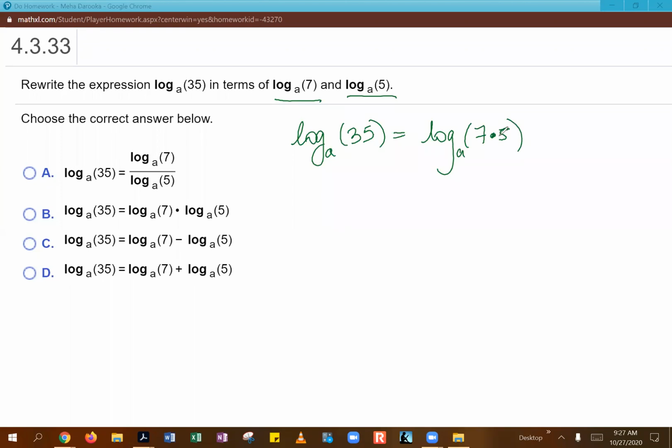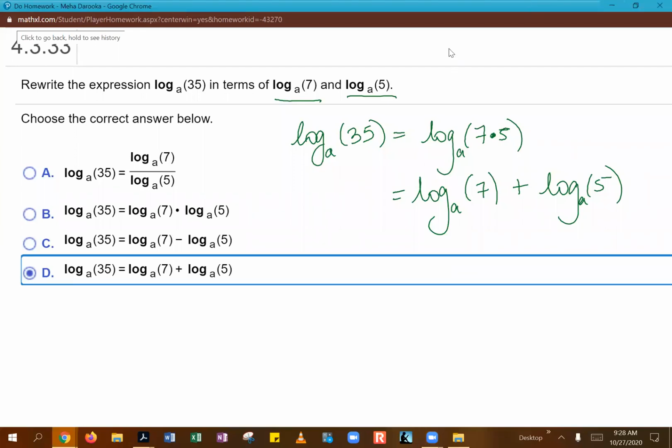So that means you're going to be using the product rule over here. And then by product rule, you would have log of 7 plus log of 5, keeping that same base A on your logarithm. So yeah, very nice. This takes us to option D.